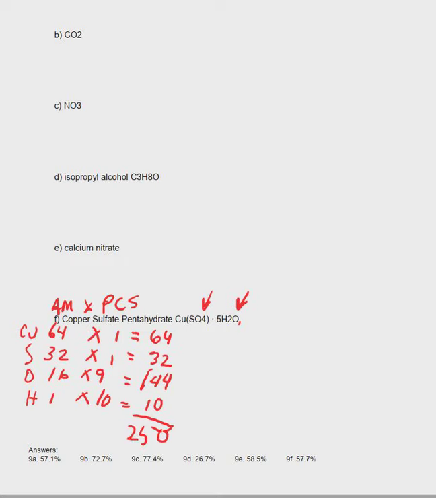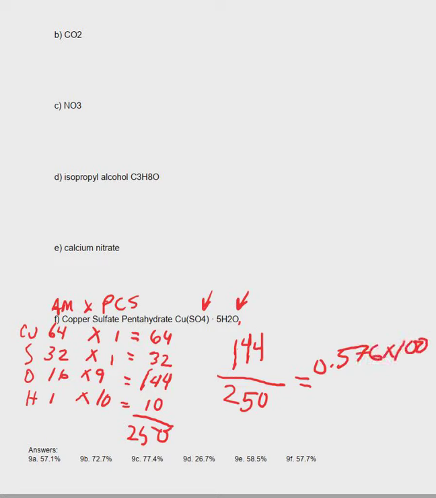Okay, 250. Then, again, it's fairly easy. We take what we're given, we put the small number on the top, in the numerator. So we have 144 divided by 250, which equals 0.576, and we multiply that by 100.